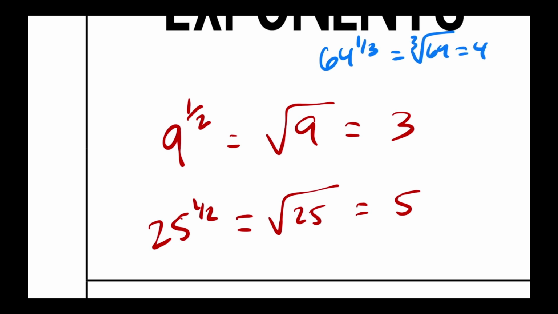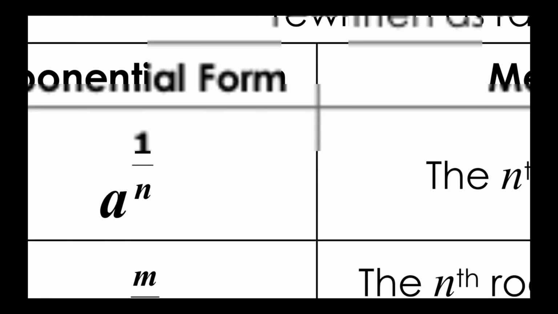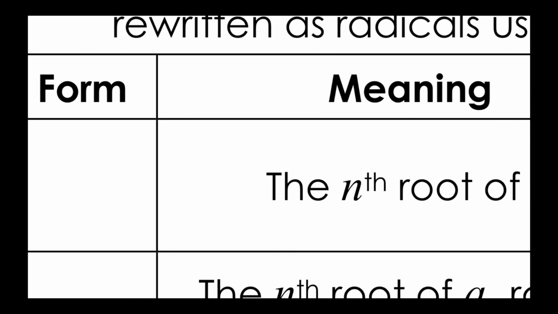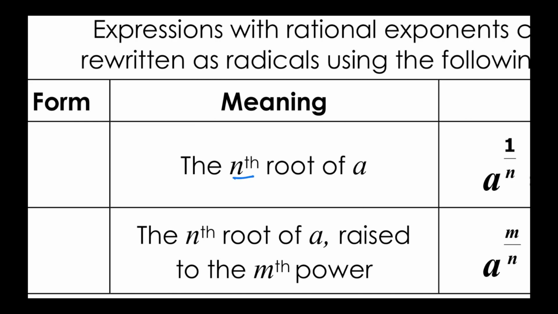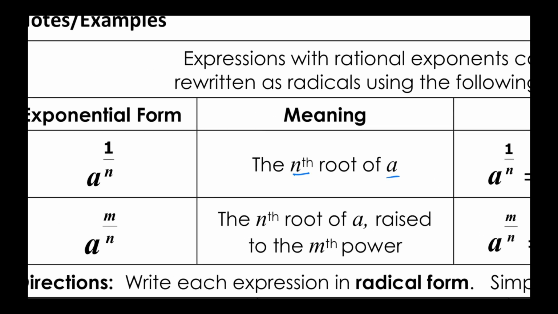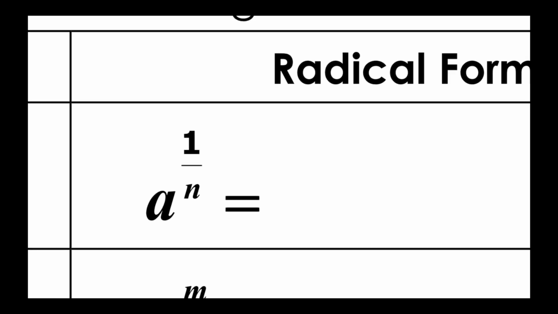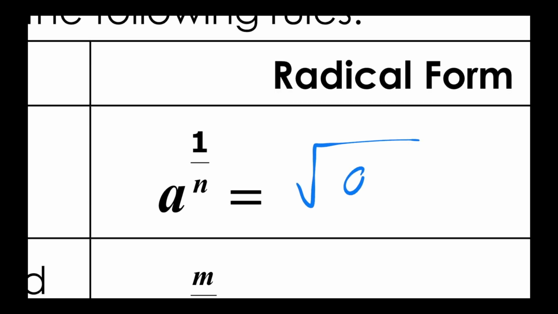So you've just defined what fractional exponents are doing. If I have something to the 1 over something power, that fractional exponent is going to be the nth root of a. So a to the 1 over n just means the nth root of a, and that n, this number that's down here, that's your index.